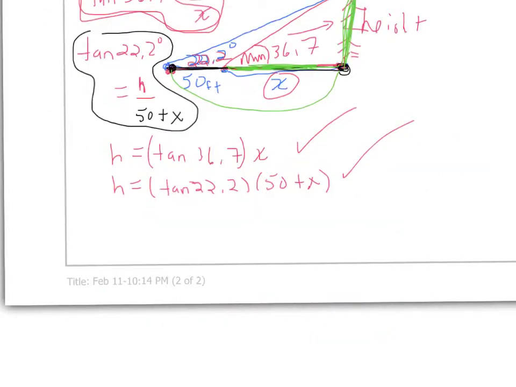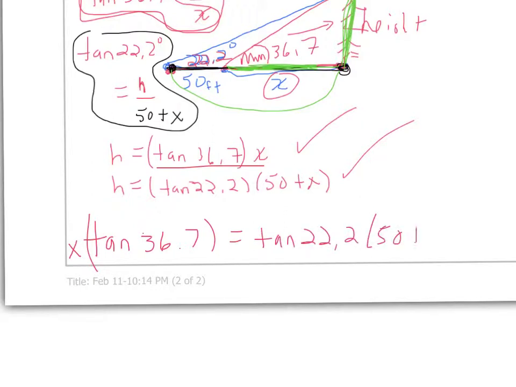So what I'm going to do is just lay out the basics so the podcast isn't too long. So you'd be laying out x tangent of 36.7 is equal to tangent of 22.2 times 50 plus x.